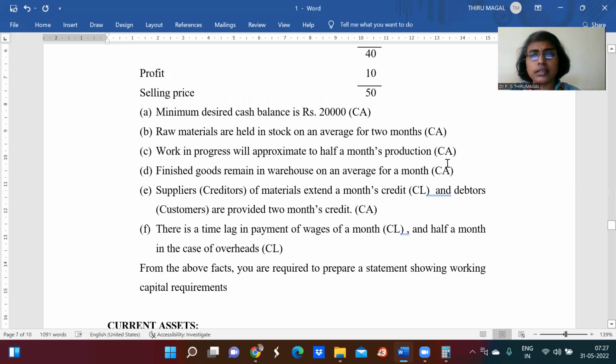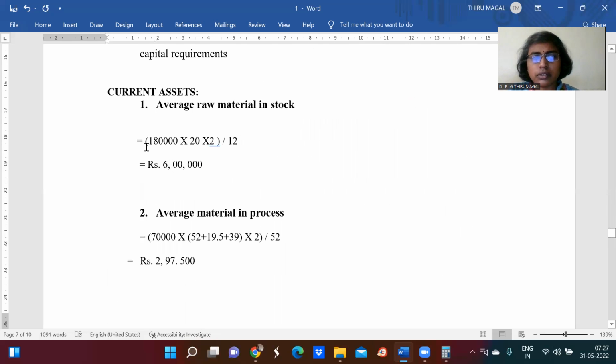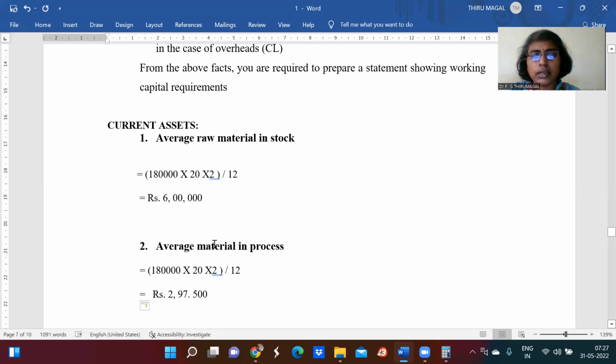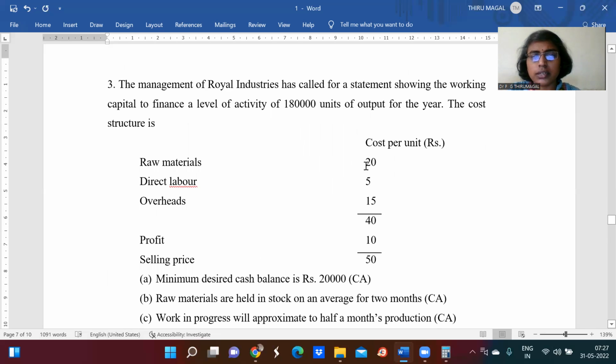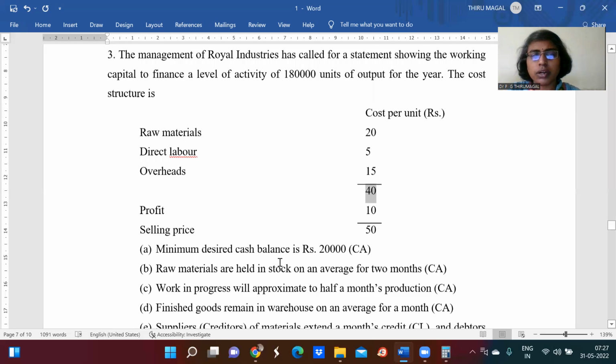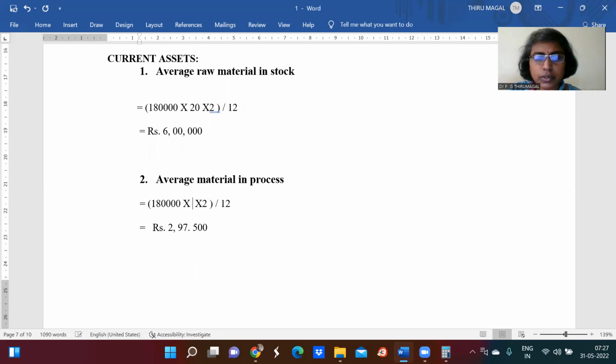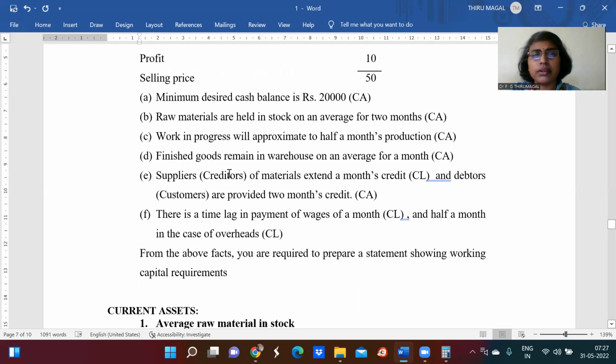Okay, so next is the next current asset given, work in progress or material in progress. That is half a month's production. So the same data I'm going to use here. Now to find out the value of work in progress, again, the number of units 1,80,000. And here, since it's material in process, the 3 unit costs we need to add. So which means 20 plus 5 plus 15, that comes around 40. So this is what we have to use here, 40. And that should be multiplied with how many months given for work in progress?